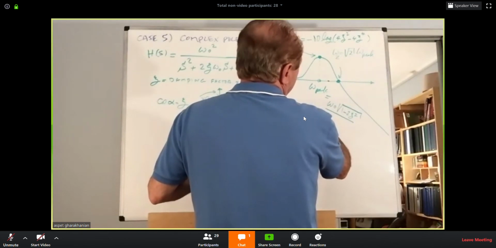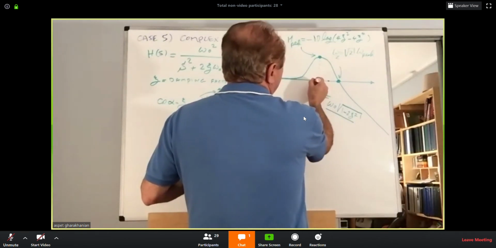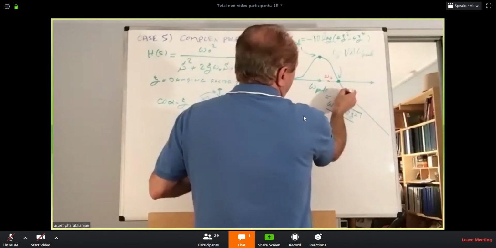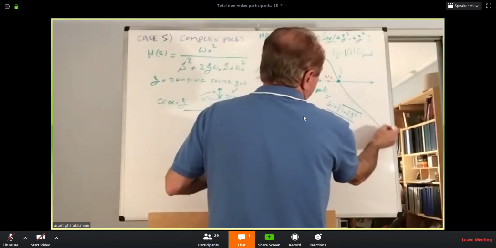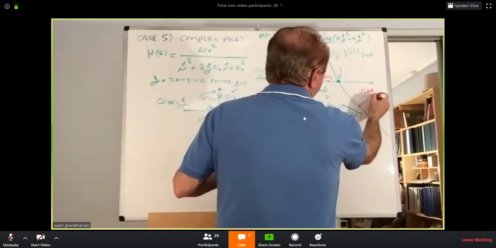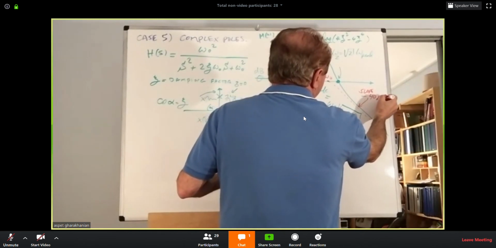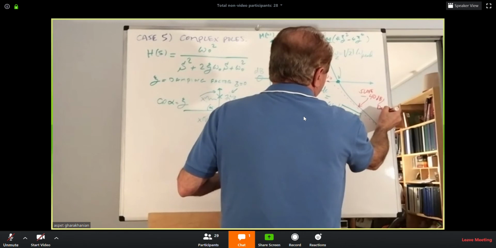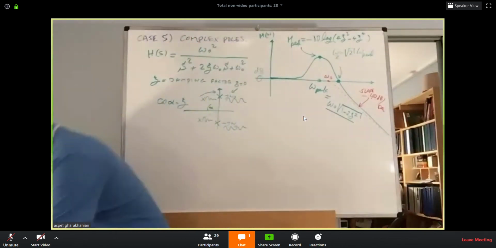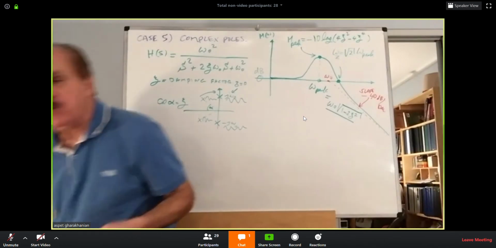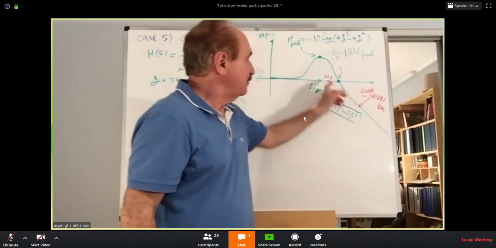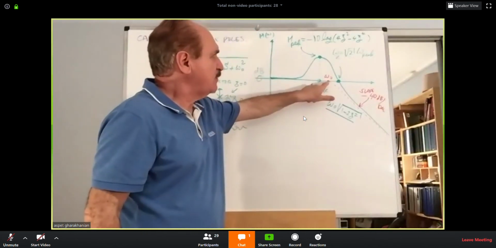It will be actually here. Omega O, with a slope of minus 40 dB per decade. So the slope of that line, which eventually becomes an asymptote, unlike the single pole, will be at a double rate, minus 40 dB per decade, starting from omega O.